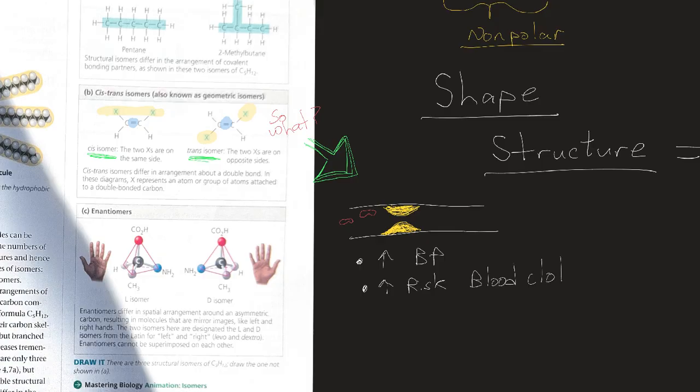Blood clot is just something that dams up the flow of blood. It stops the flow of blood. Now, if that blood clot happens in the brain, we call it a stroke.